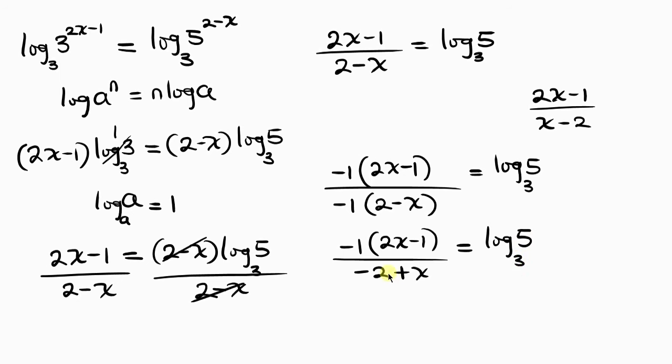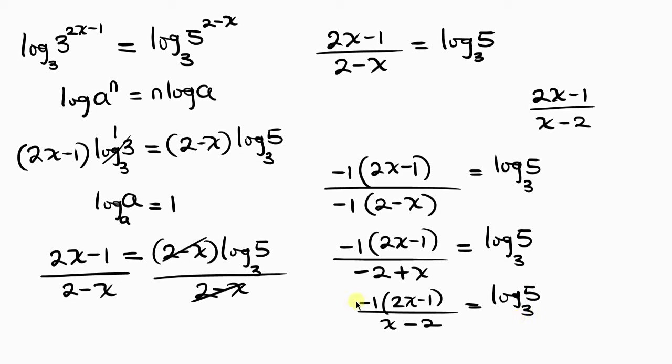Now we can actually rearrange this to fit like this. So we have negative 1 times 2x minus 1 all over, now we can come with the x first, so x minus 2 to be equal to log 5 base 3.